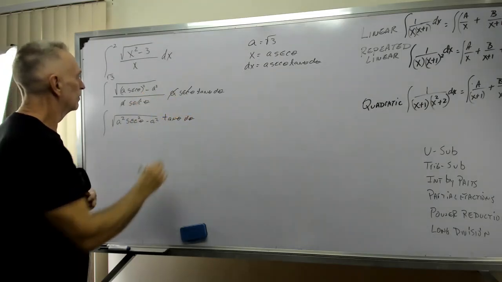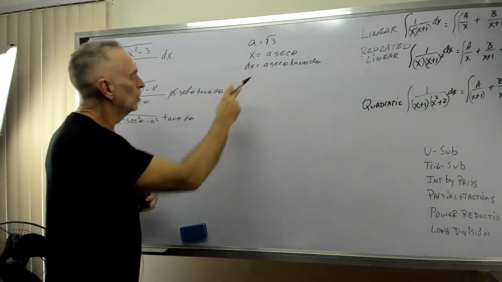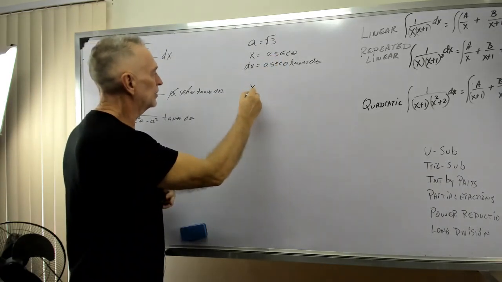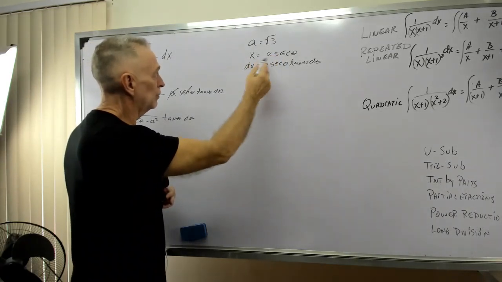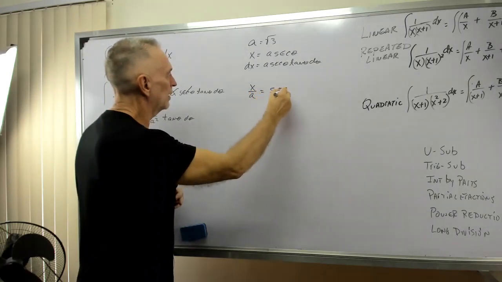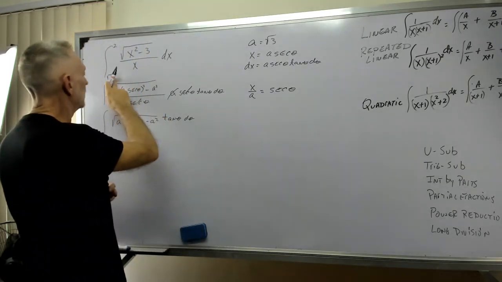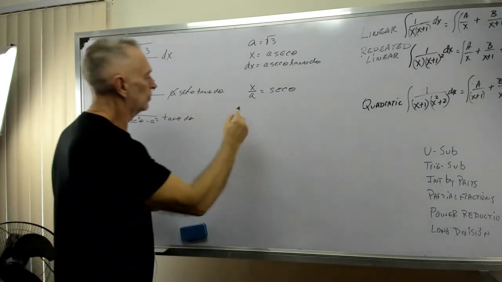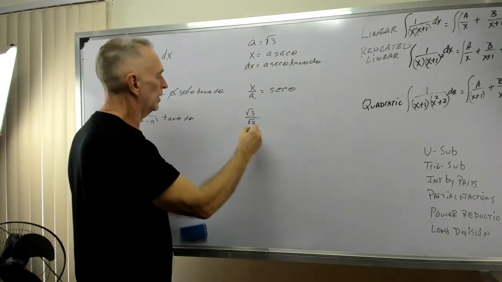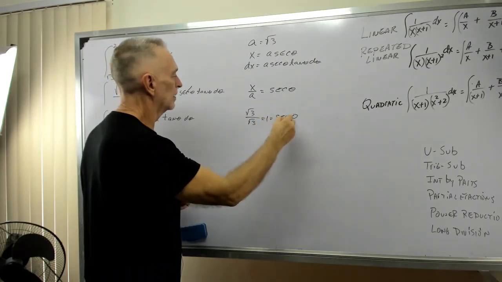What about my limits? We had x equals a secant theta, which means, if I divide both sides by a, x over a equals secant theta. Well, let's let x equal square root of 3. And a was square root of 3, so that means 1 equals secant theta.